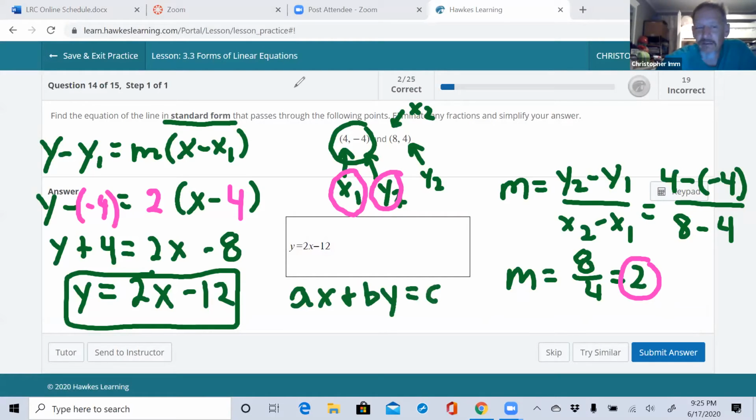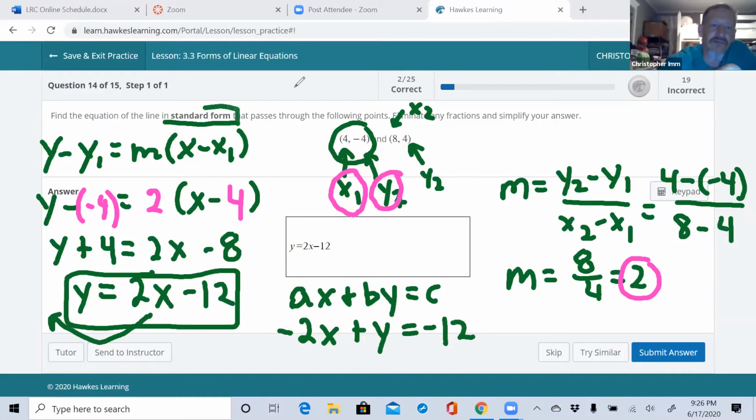So let me revise that a little bit. I'm glad that I actually typed that in. If I want to write it in this form, I could take this 2x and bring it back over. So I should be able to write this as negative 2x plus 1y is equal to negative 12. And that would be this standard form.